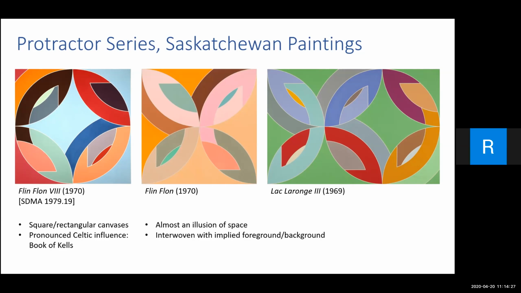Scale's the other issue. When you see the painting at three by three inches, the colors are very different than when standing in front of something that's eight feet by eight feet, where you're absorbed with the color, or you rarely see the whole thing at one go if you're standing close up.